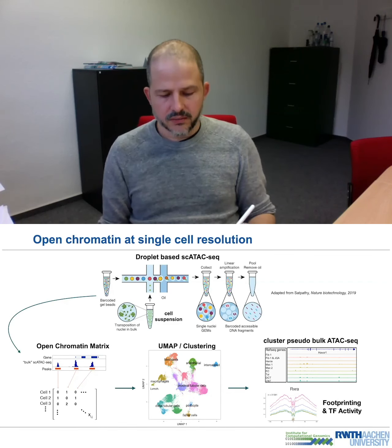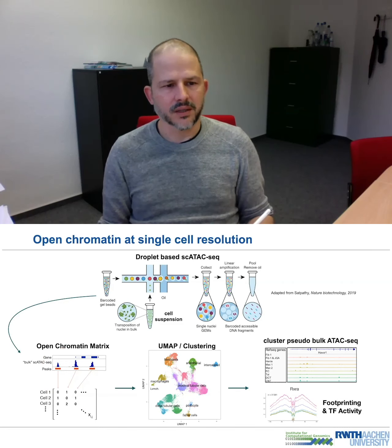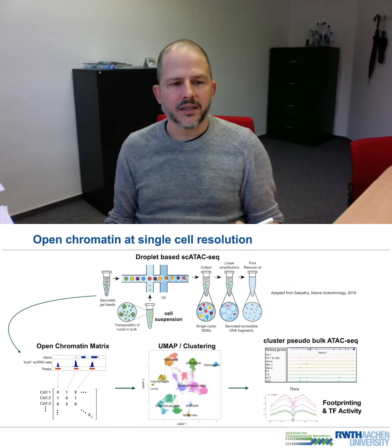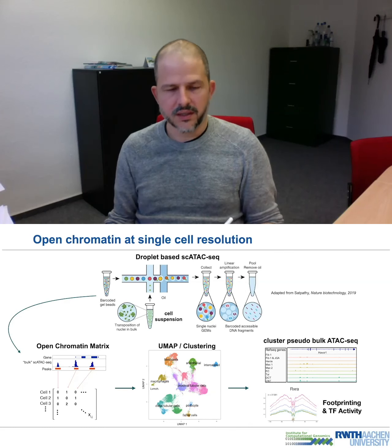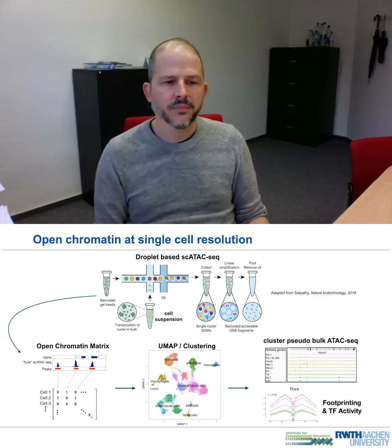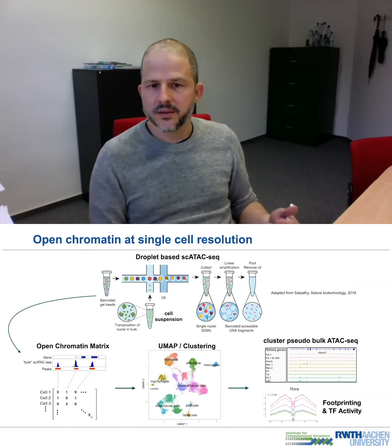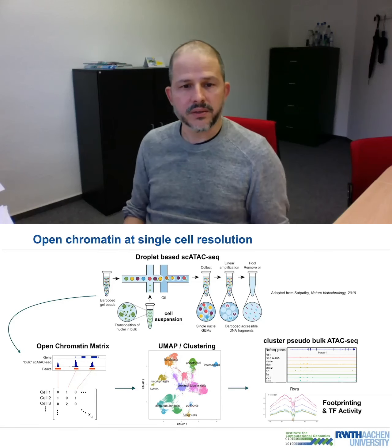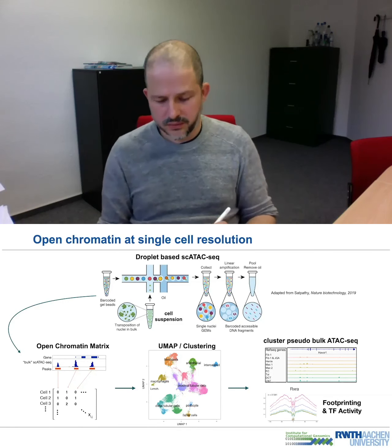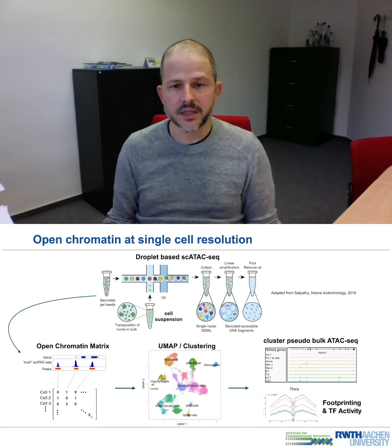So you can use this data, for example, to estimate an open chromatin matrix. And this open chromatin matrix will look like this, where we're going to have how many reads you're going to have per cell and per open chromatin region. You can then use this, for example, to perform clustering, and this will allow you to find the cell types which you have in these experiments.